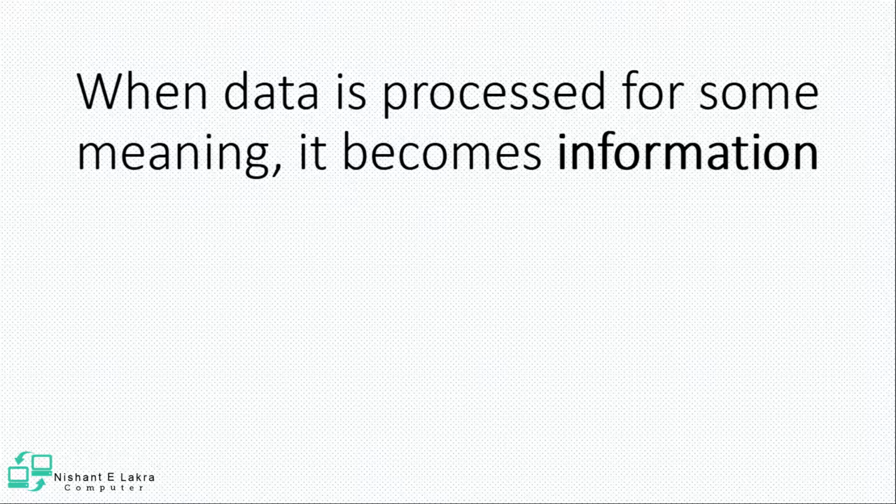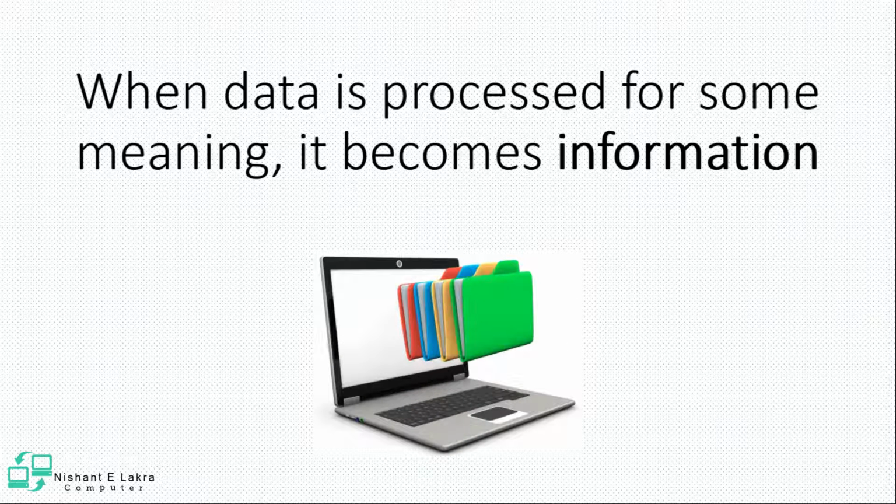After it is processed, it becomes information, like 1 plus 5 is equal to 6. So when data is processed for some meaning, it becomes information, and that is stored in a computer systematically. That's what we learned that a database is, and the use of DBMS.